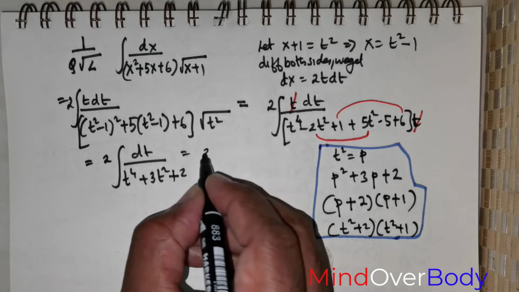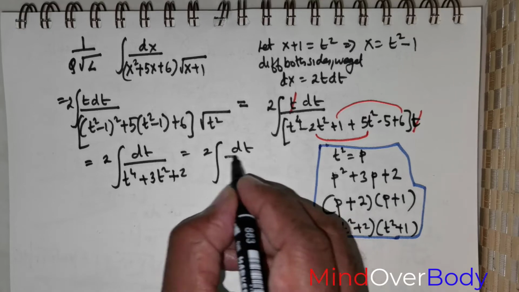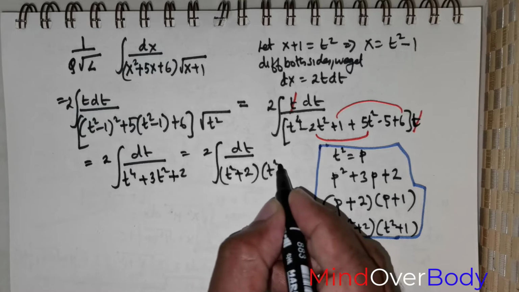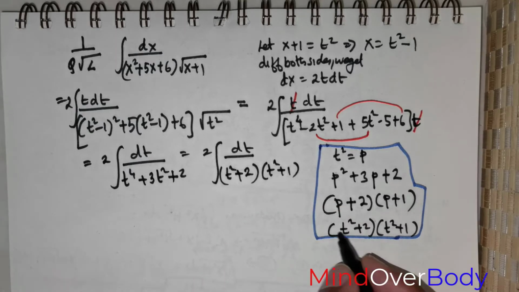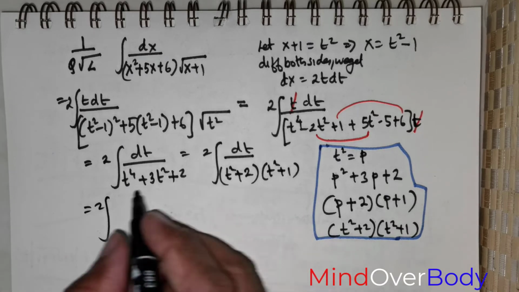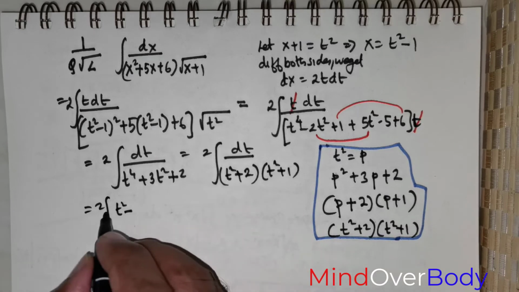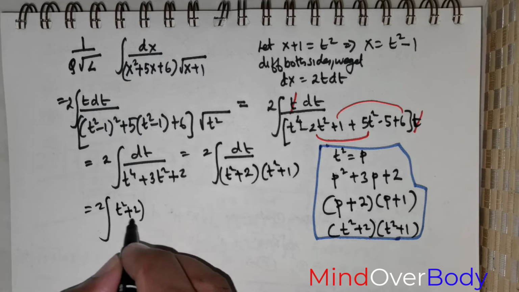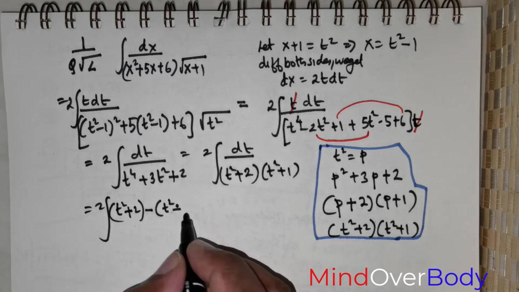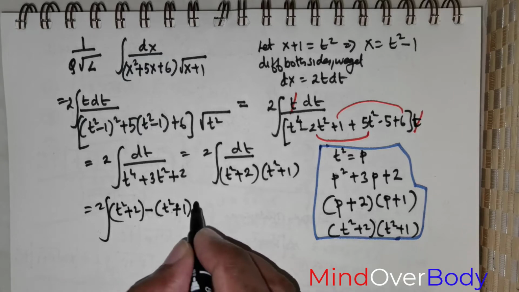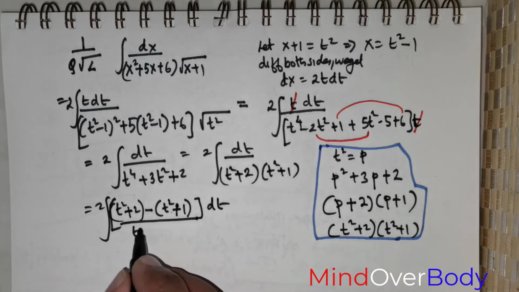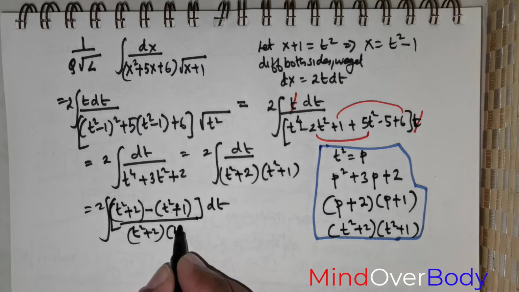You don't have to show this there. So just to gain an understanding, I've just placed this there. So this is equal to 2 times integral dt over t squared positive 2 times t squared positive 1. Now actually I can rewrite 1 using this. So this is equal to 2 times integral, 1 is rewritten as t squared positive 2 followed by a negative sign t squared positive 1 times dt, divided by t squared positive 2 times t squared positive 1.